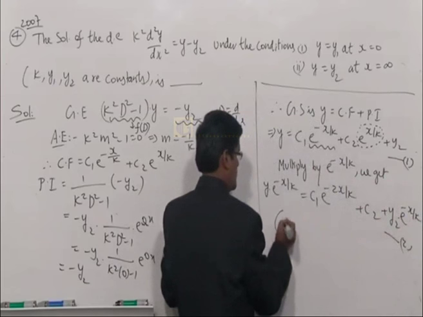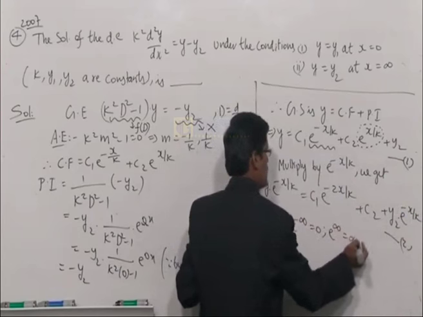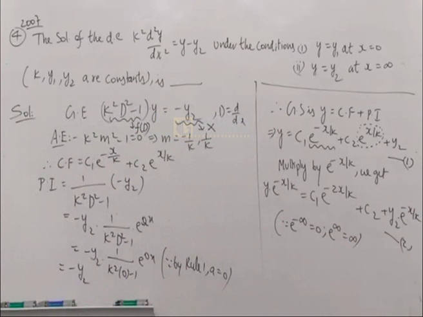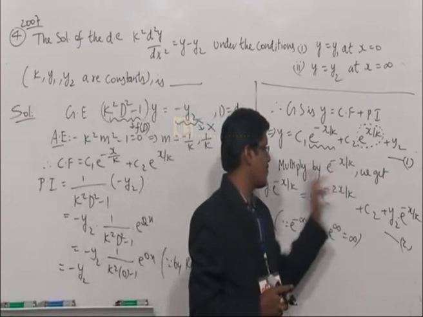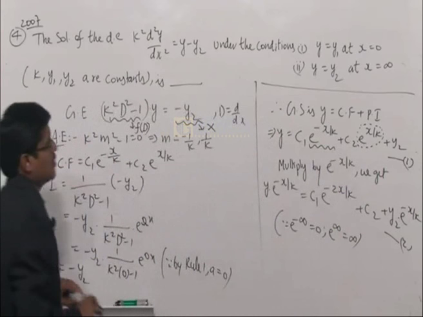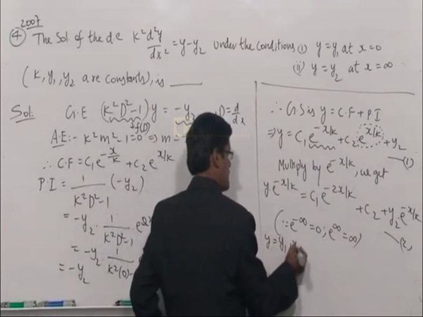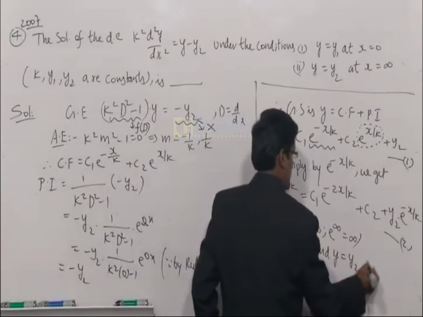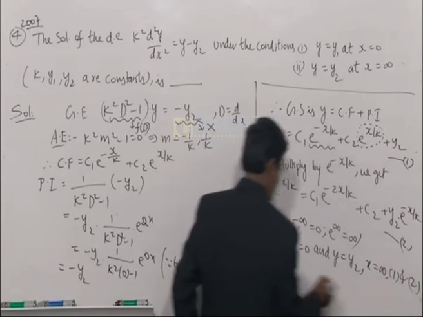Okay, since e power minus infinity is 0, e power infinity is infinity, substituting those conditions. If you substitute that second condition here, this is going to infinity, that's why I have done this step, multiplying by the other term. Now what are the conditions? Y is equal to y1, x is equal to 0, and y is equal to y2, x is equal to infinity.